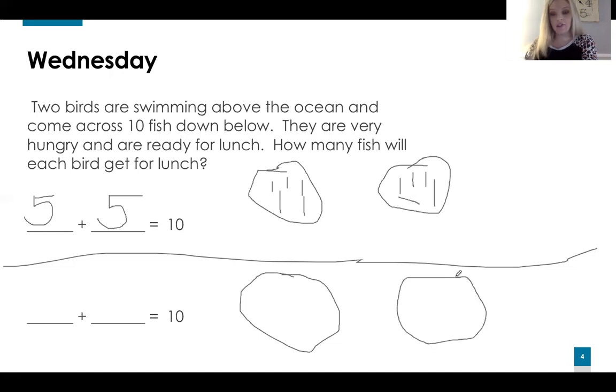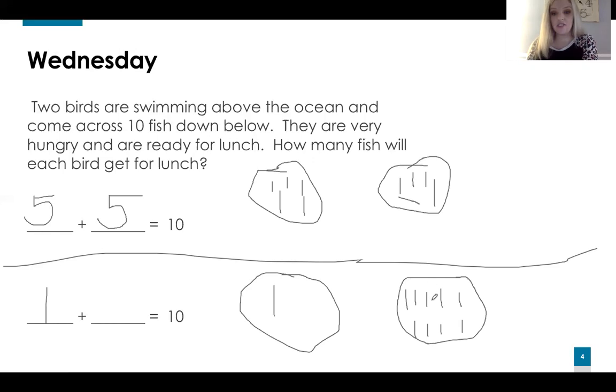Here are my birds, okay? Can you think of another way to make 10? What if I did this? Okay, I counted to 10, so all 10 fish have been eaten between the 2 birds. How many does the first bird get? 1.